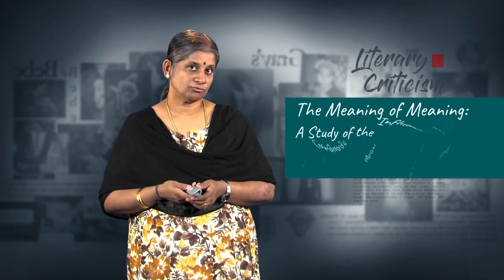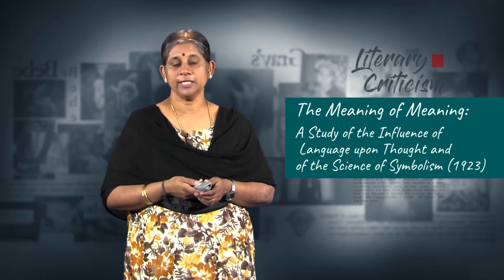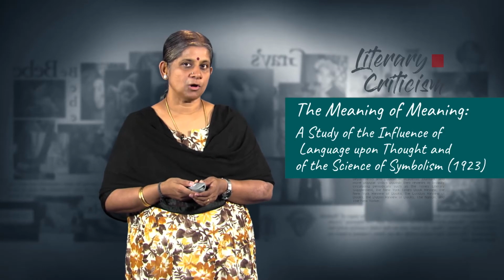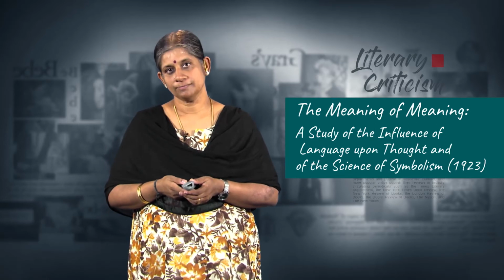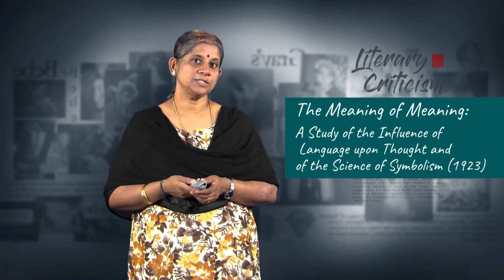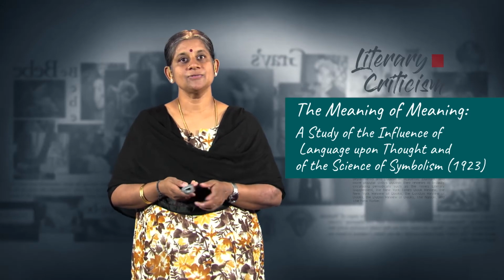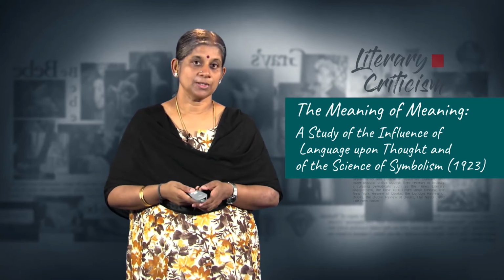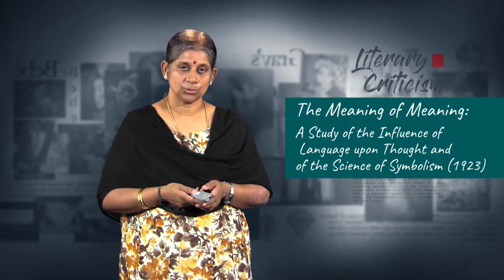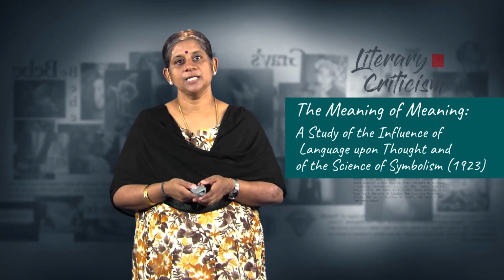In The Meaning of Meaning, a study of the influence of language upon thought and of the science of symbolism, published in 1923, Ogden and Richards assert that there is an essential distinction between language and reality, and that it is wrong to believe that words are in some ways parts of things.